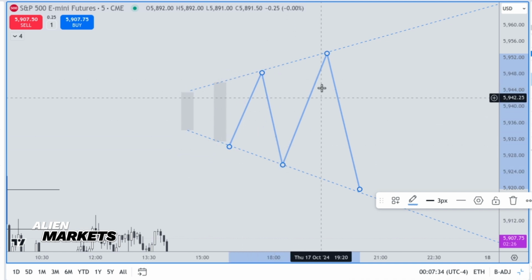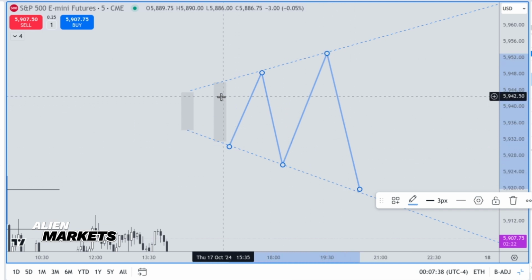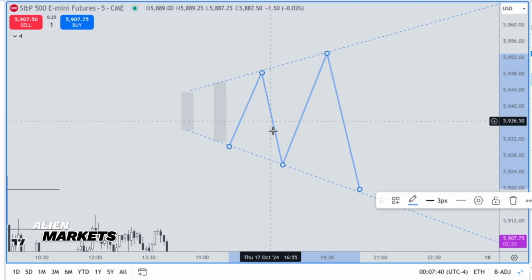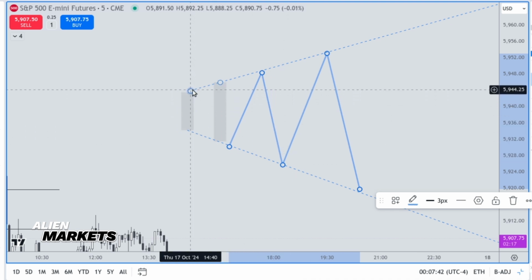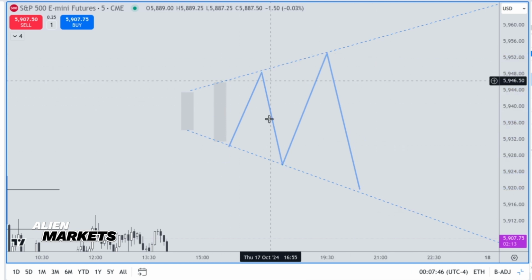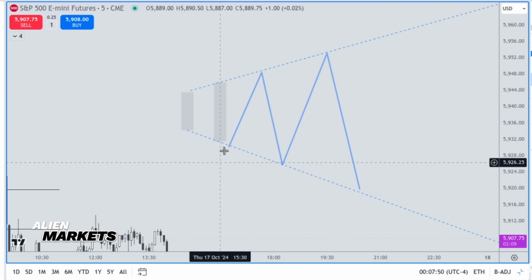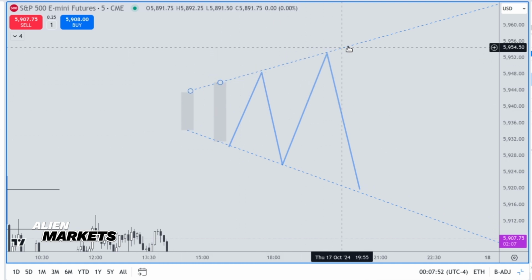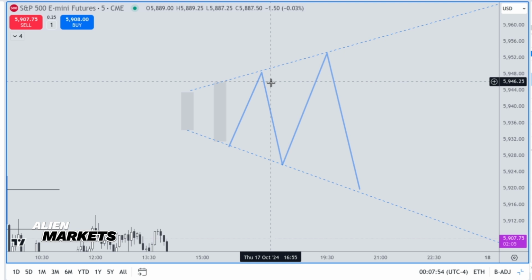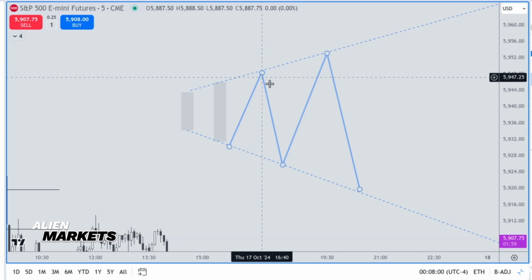At the same time, this is an outside bar of this and an outside bar of this. So you can see price forming a broadening formation, and the expansion is where reversals in this trend line usually, not always, take place, right?